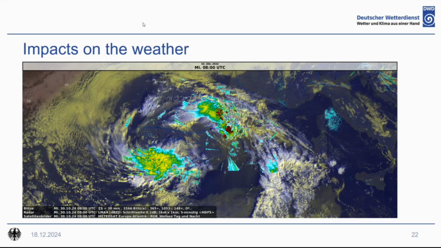So there's still orographic lifting, but less than the day before. And you can also see a large rain area in the south of the Iberian Peninsula that only has a few embedded thunderstorms. And in the middle of Spain, there are some places where there are no clouds anymore.